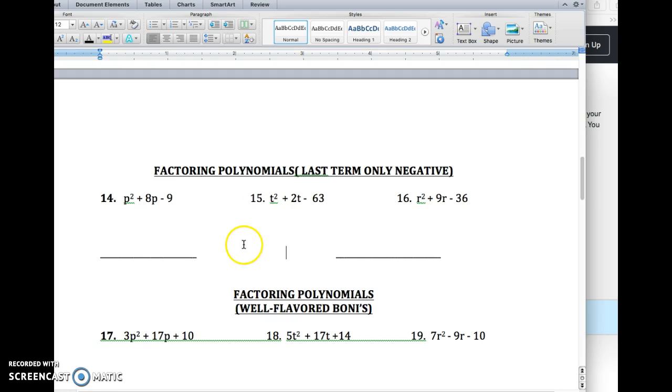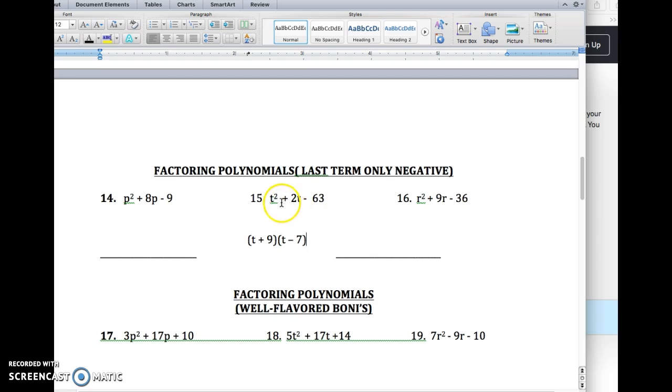So let's go ahead and do it. It's going to be t. Since the bigger one must be positive, I'm going to put plus 9 and then t minus 7.